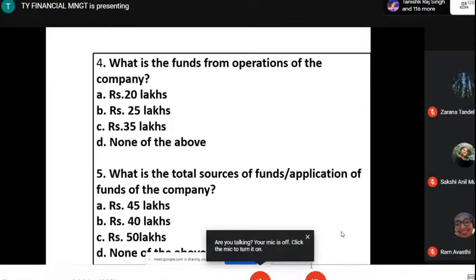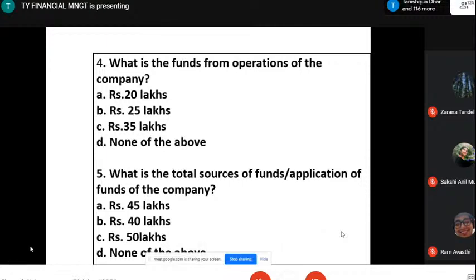Next, what is the total sources of funds or application of funds of the company? 45 lakhs, 40 lakhs, 50 lakhs, none of the above.